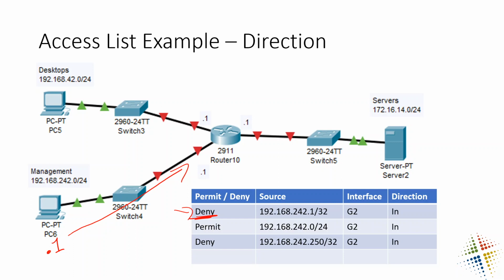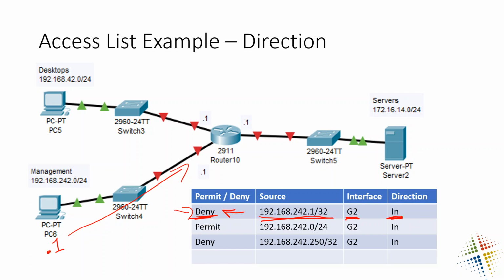So the router actually starts looking at it and says, oh, which interface is this traffic coming in? That's G2. Which direction is it? It's inbound. What's the source IP address? Oh, that's the .1. So I'm therefore going to deny the traffic. And that's kind of how it works. It looks at the interface, then looks at the direction, then the specifics of the traffic.